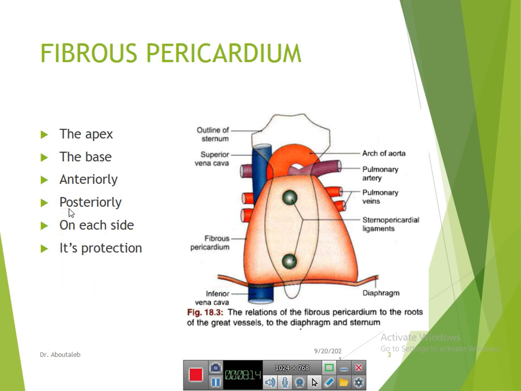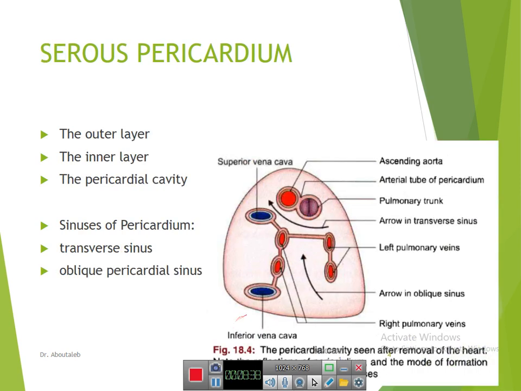Posterior to the fibrous pericardium are located the principal bronchi, the esophagus, with the nerve plexus around it, mainly right and left vagus nerve, and the descending thoracic aorta.